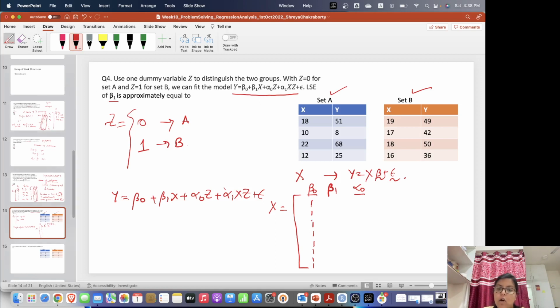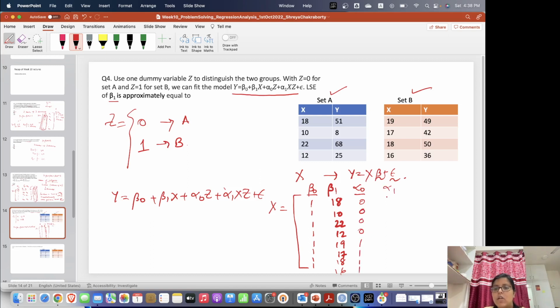For beta naught, all would be 1. For beta 1, we'll write whatever x values we have: 18, 10, 22, 12, and then from set B, 19, 17, 18 and 16. For alpha naught, we'll write the values of z. For set A, z is 0. So 0, 0, 0, 0, 1, 1, 1, 1.